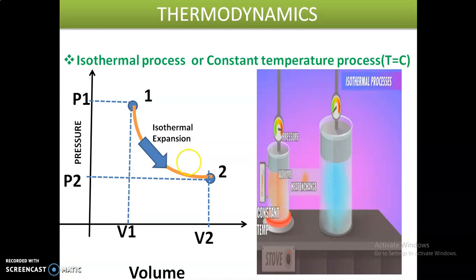Once again, how can we define an isothermal process? It is the process in which the temperature of the substance remains constant during expansion and compression. That is known as the isothermal process.